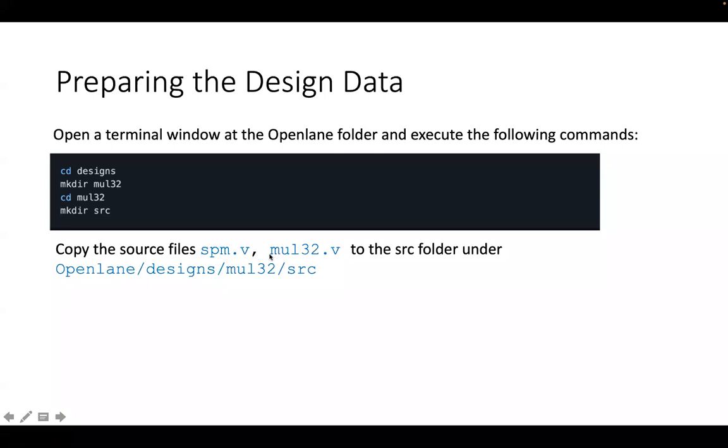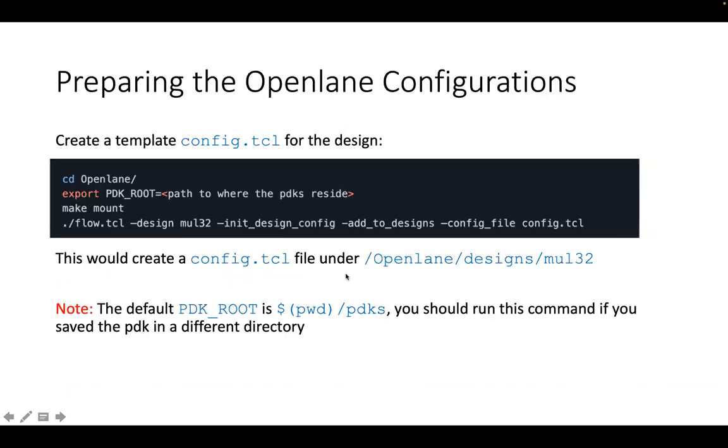We copied the source files, the SPM and mul32, to the source folder under this directory. After that, we needed to create a config.tcl file. So we navigated to the OpenLane folder. We exported the PDK root, and we mentioned that the PDK root is the root where the PDKs reside. By default, they are under the OpenLane directory /pdks.